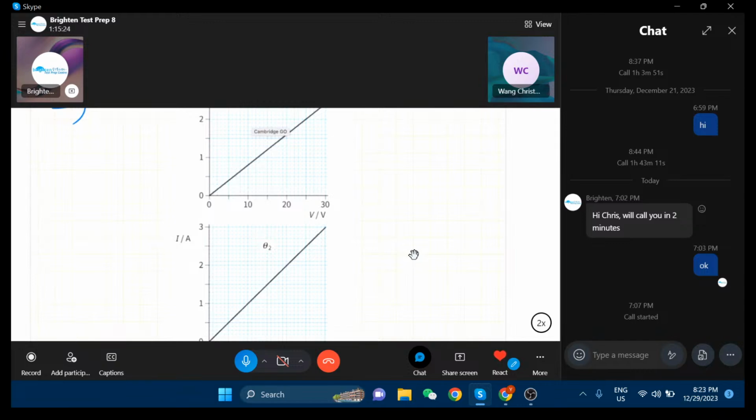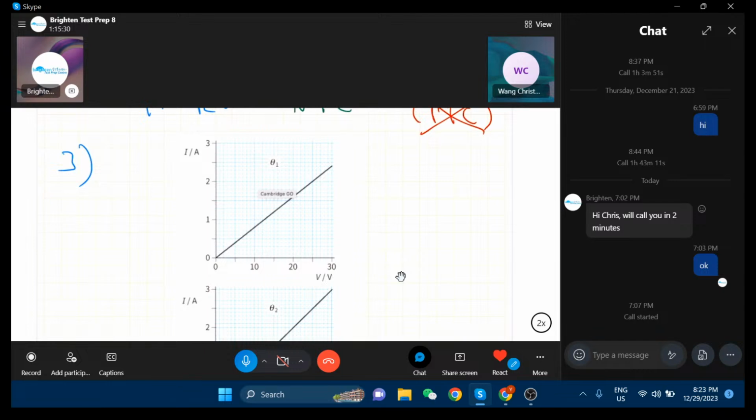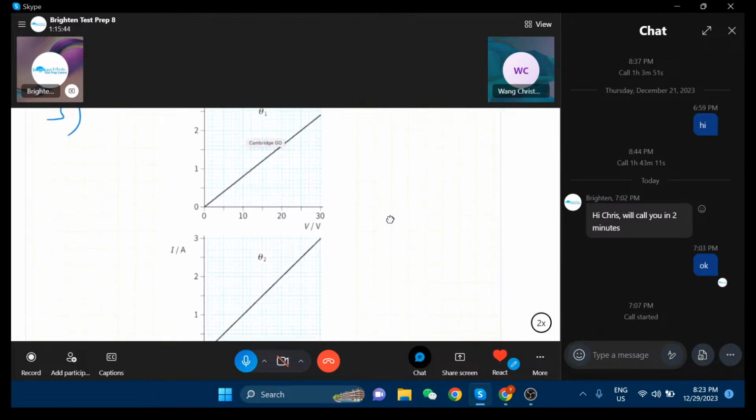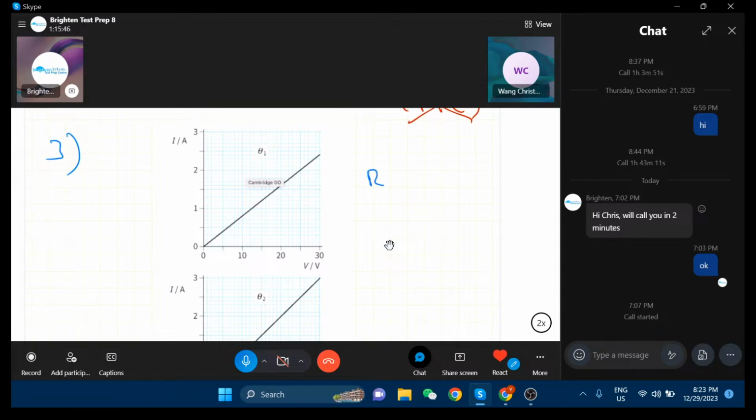So what is the resistance of the wire at a different temperature? So we have temperature 1, we have temperature 2. So what would be the resistance of this one?